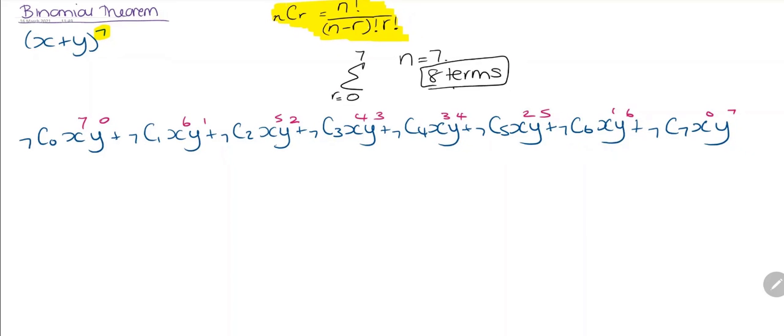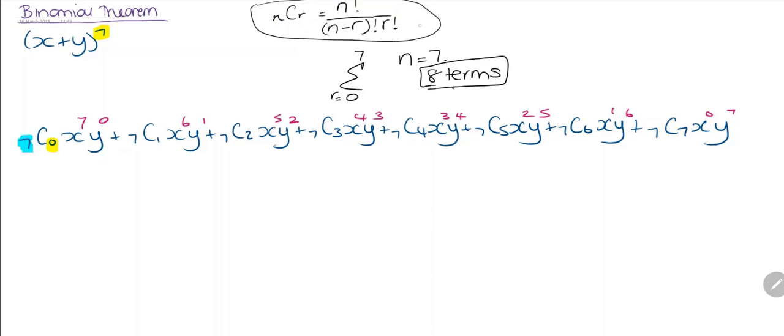Now this is where factorial comes in. We're going to use our formula or equation here for factorial. So n will be 7, and then r is going to be 0.